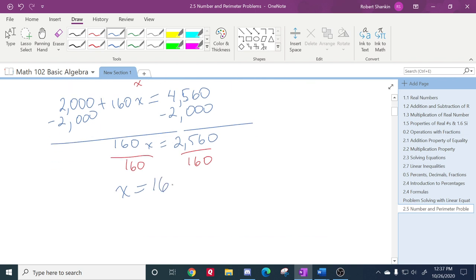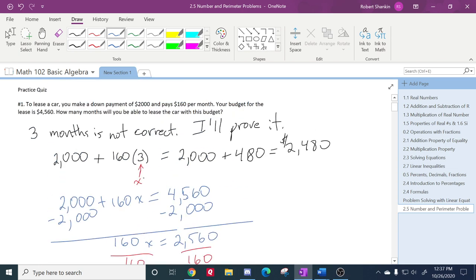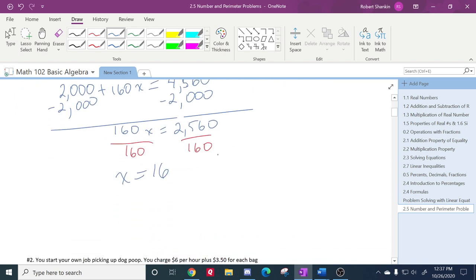So I claim that I can get it by 16. How many months will I be able to lease the car? For 16 months on this budget.